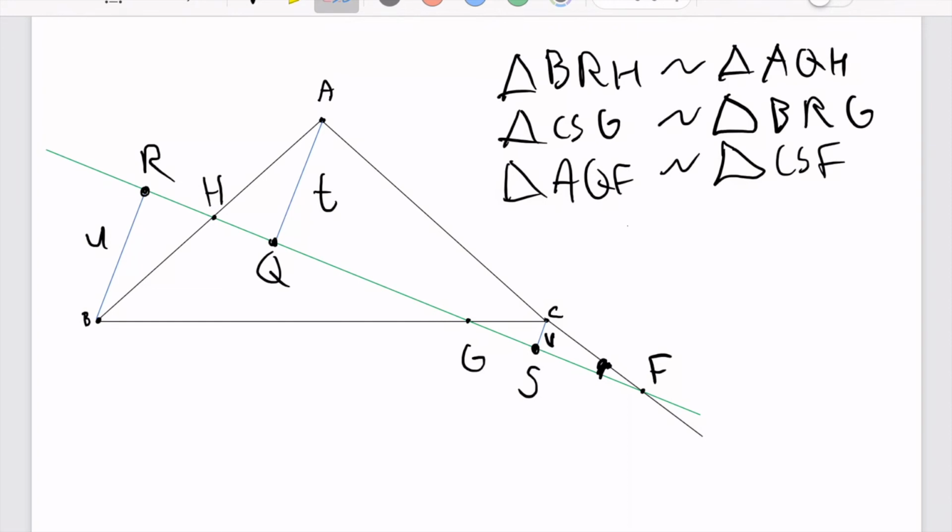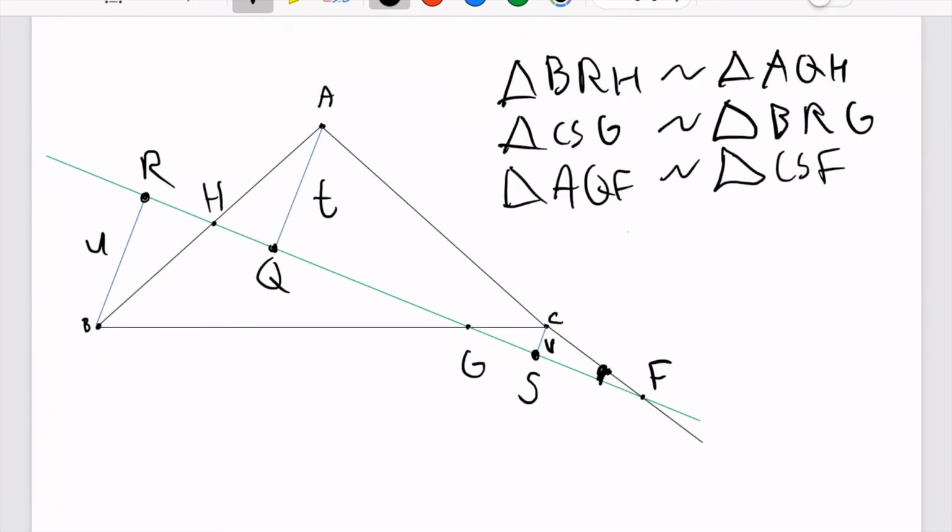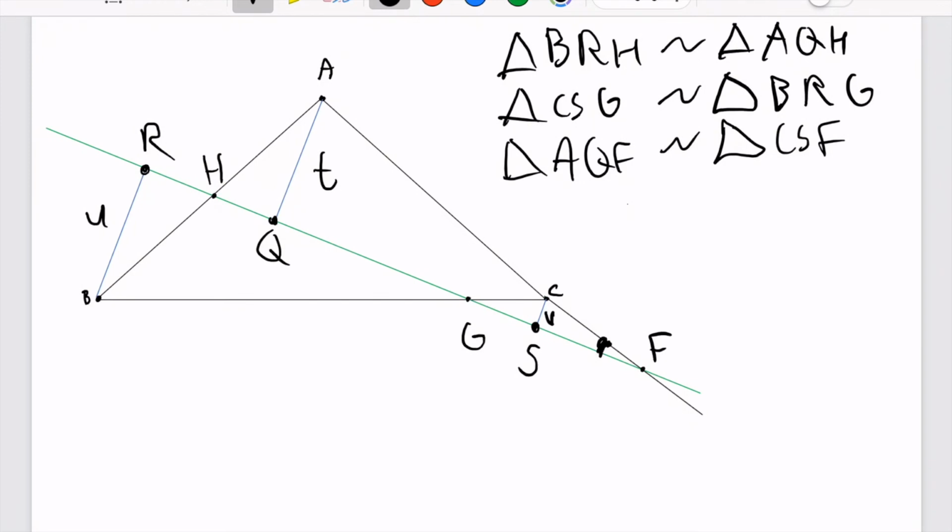So, what I want to note is that with these triangles, BRH and AQH, what will that be?